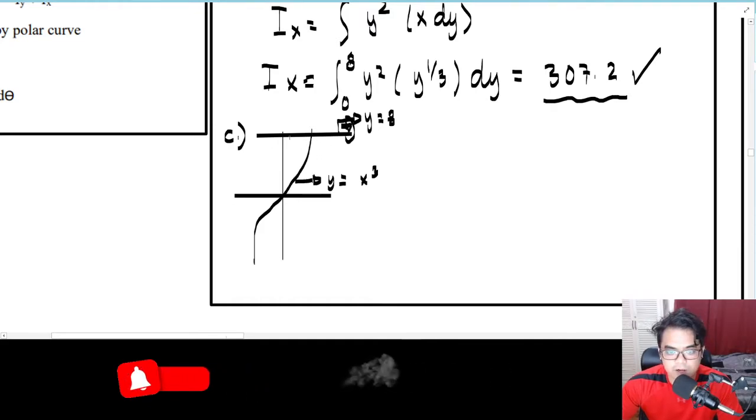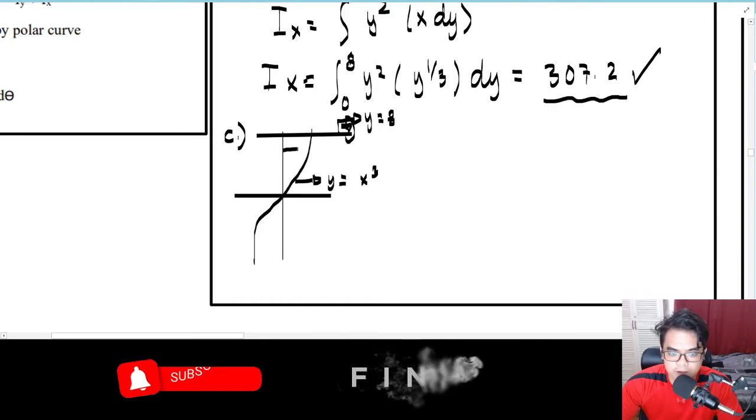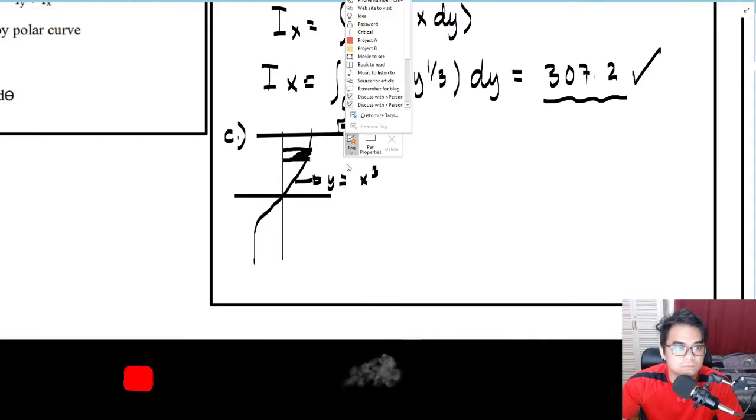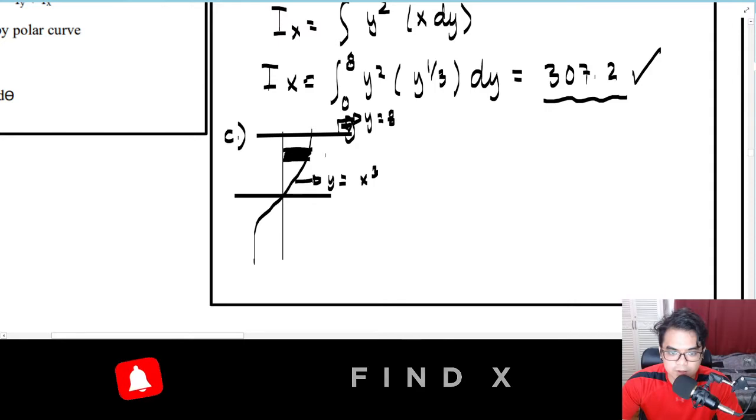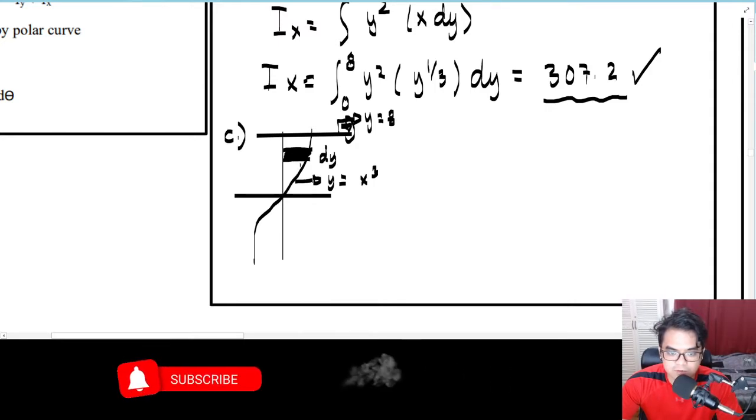So getting the parallel axis method again, the parallel axis method is still this one. So we can still use the horizontal strip, right? Horizontal strip. So this will still be dy, and then this will be x.